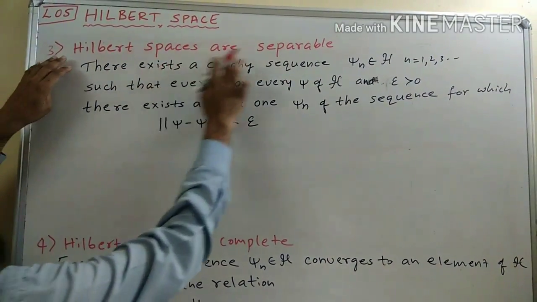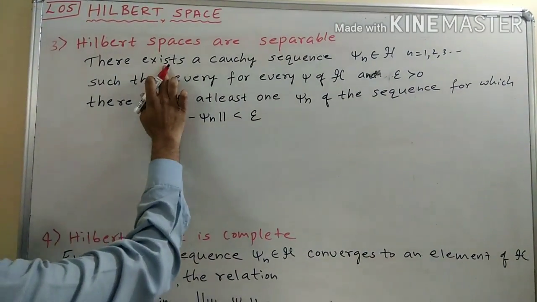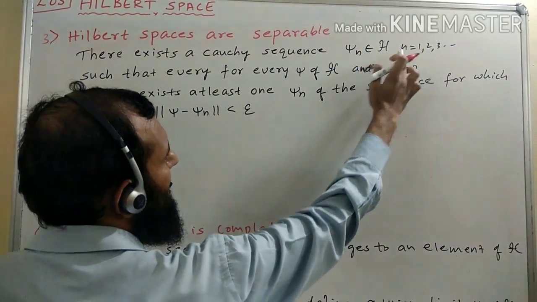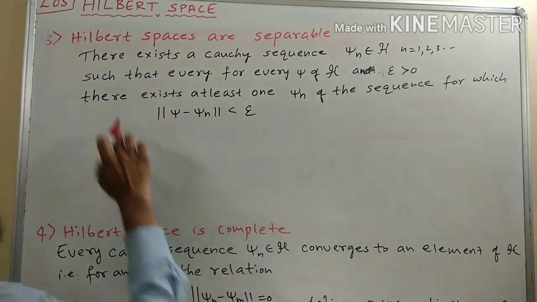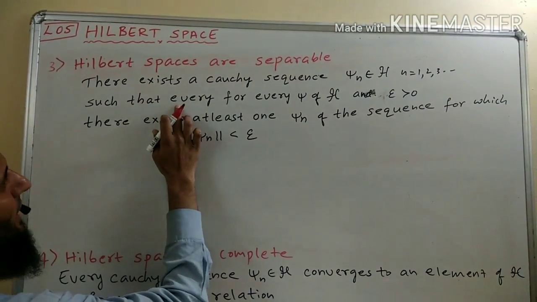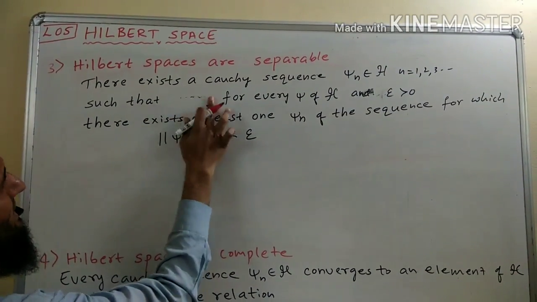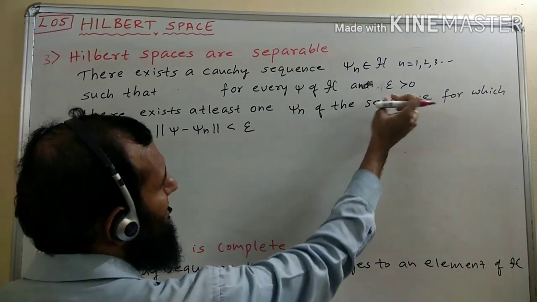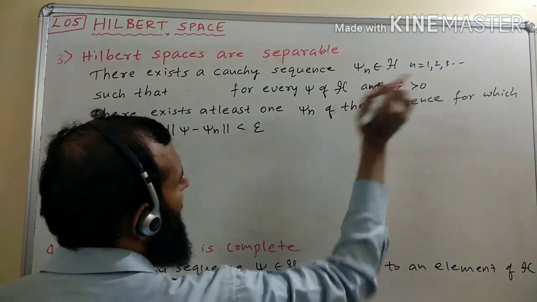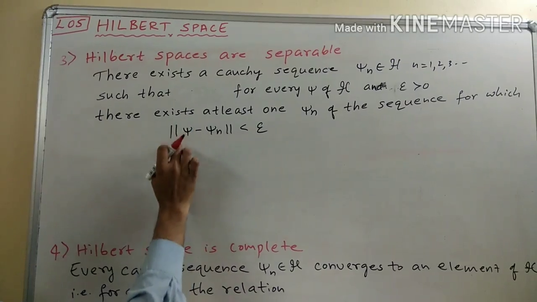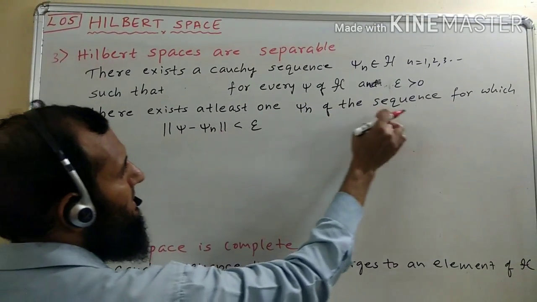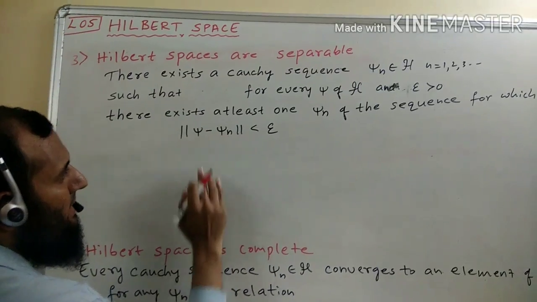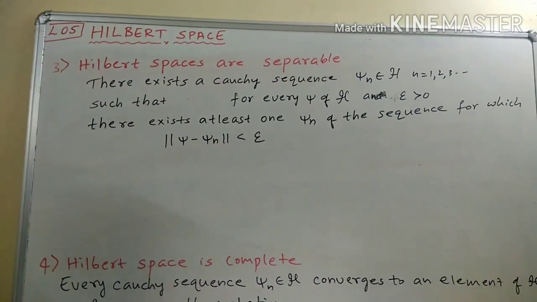Hilbert spaces are separable means there exists a Cauchy sequence psi n belonging to H, where n is equal to 1, 2, 3, such that for every psi of H and a small value epsilon greater than 0, there exists at least one psi n of the sequence for which the absolute value of psi minus psi n is less than epsilon.